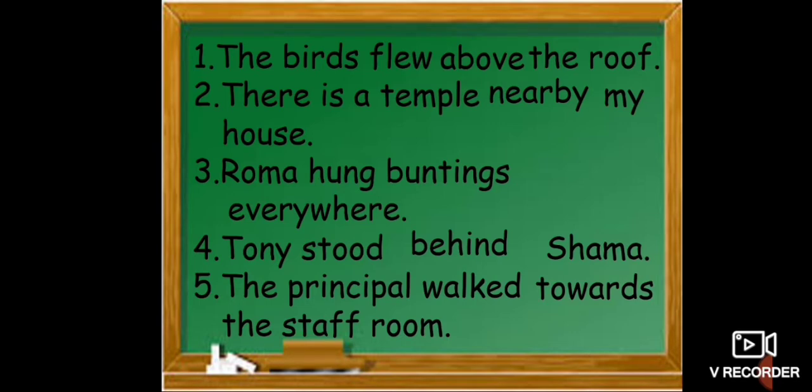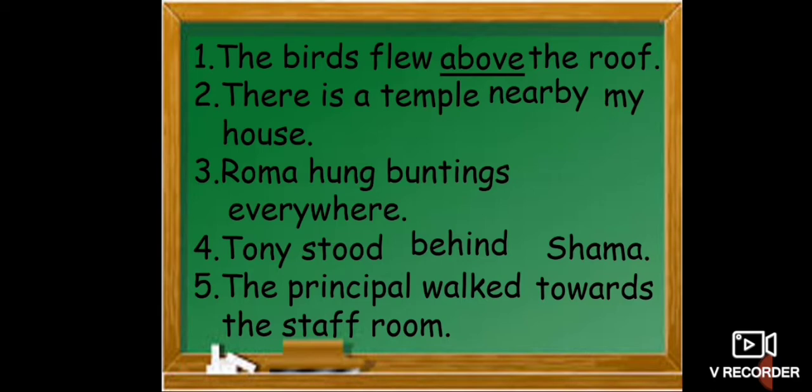Now, first look for the verb. Which is the verb? What did the birds do? Flew. Now ask the question, where? Where the birds flew? Above the roof. So the word above is the adverb of place. Read the next sentence.